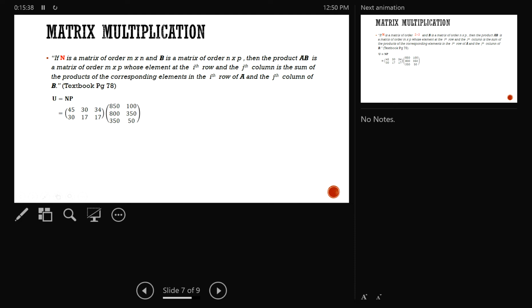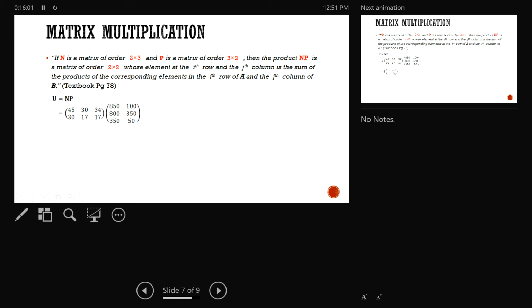Then we can multiply. Look, it is m by n, the other matrix must be n by p. These two n must be the same before you can multiply. And the resulting matrix will have order m by p. So replacing them with numbers, we get 2 by 2.